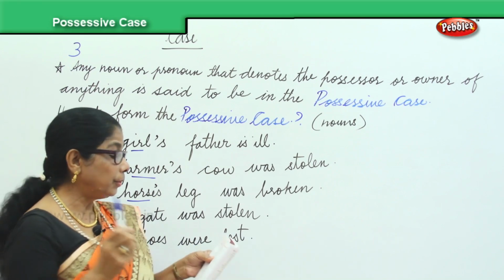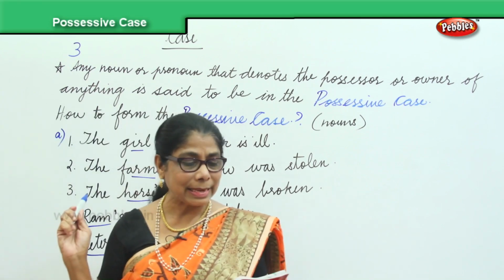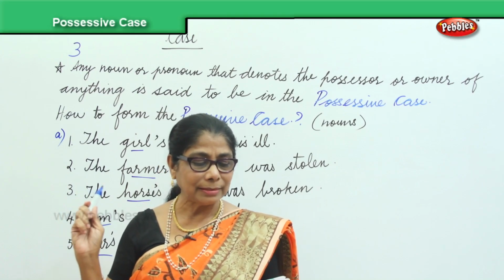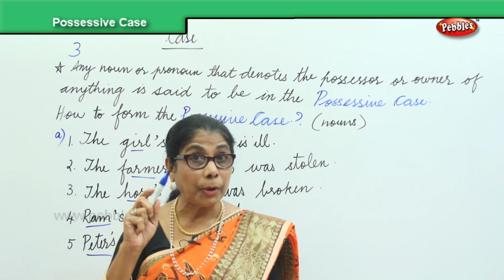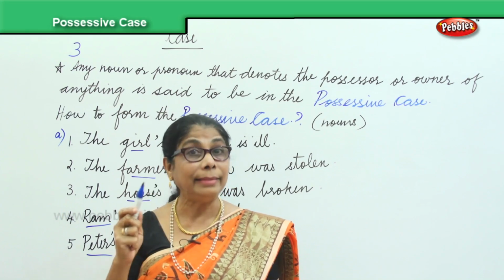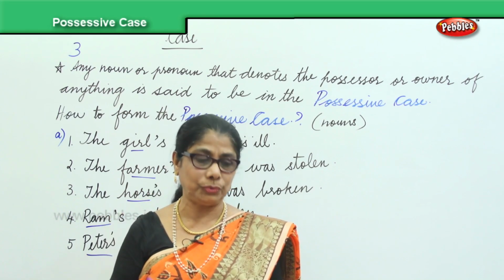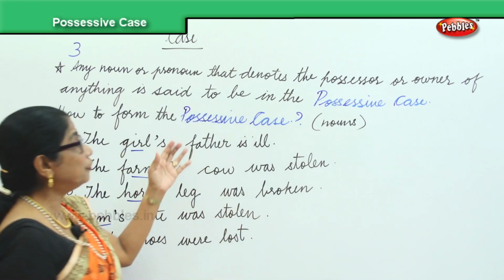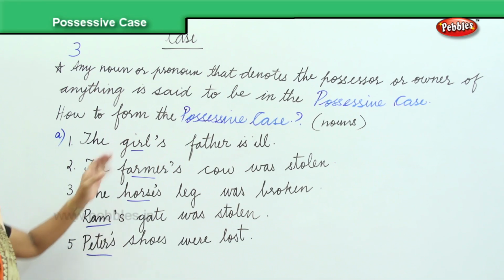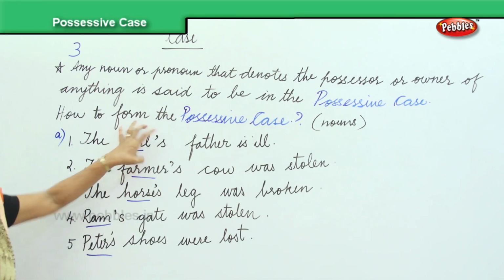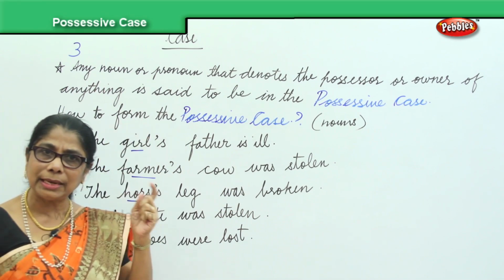So in these cases, the singular nouns are formed by adding an apostrophe and then S follows. That's how we form the first type of possessive case. All the nouns are singular.